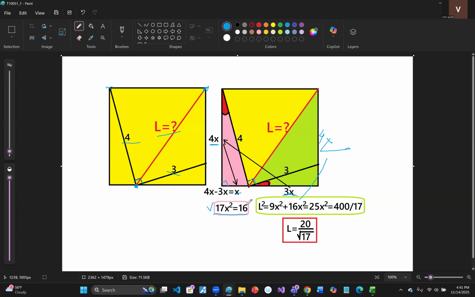But x squared is 16 over 17. So L squared is 400 over 17, and L is equal to 20 over square root of 17. And this is the answer.